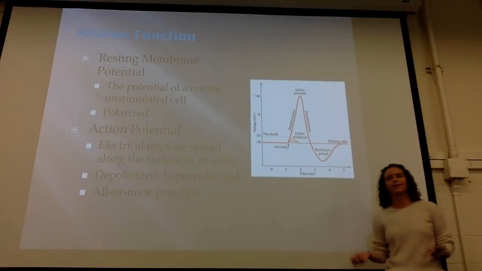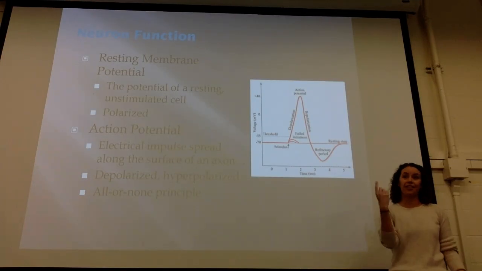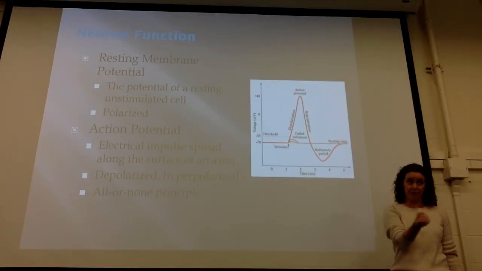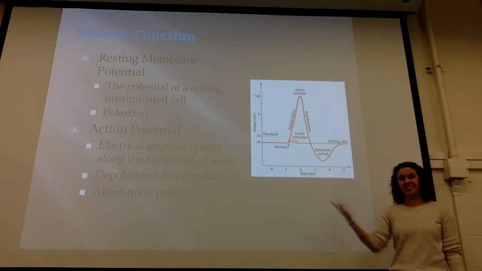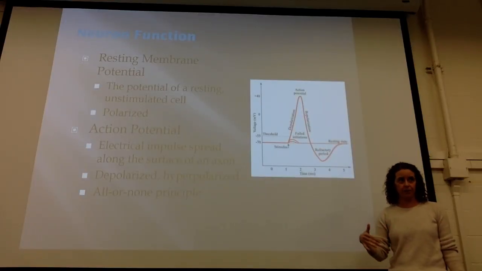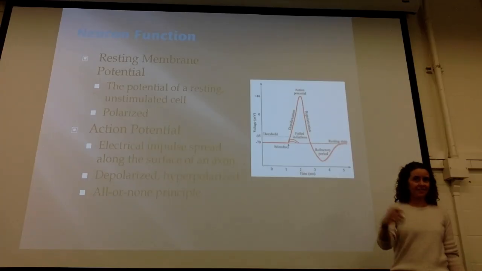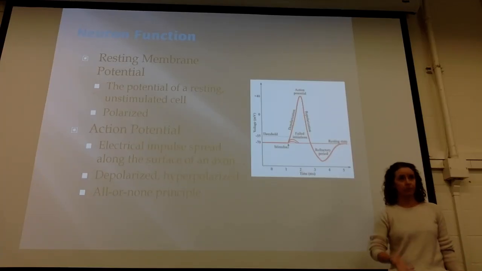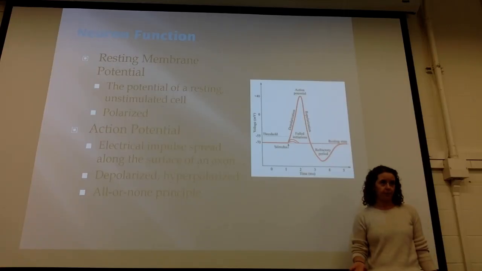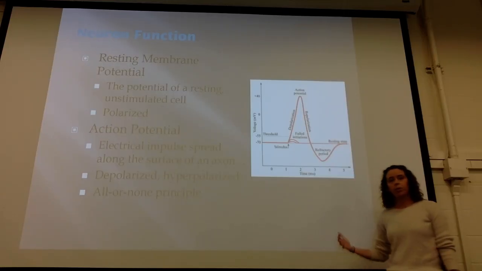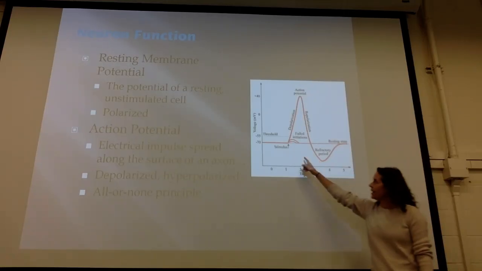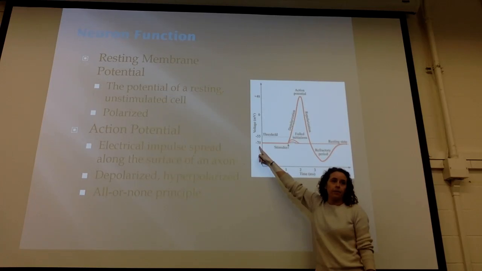When the neuron is going to send its action potential, which will be a message to some other cell, it goes through the process of depolarization. That word should hopefully sound familiar. Depolarization is the same process that occurs when that neuron sends the action potential to the muscle cell. And it means the same thing. Depolarization is when the inside of that neuron suddenly becomes a lot less negative.